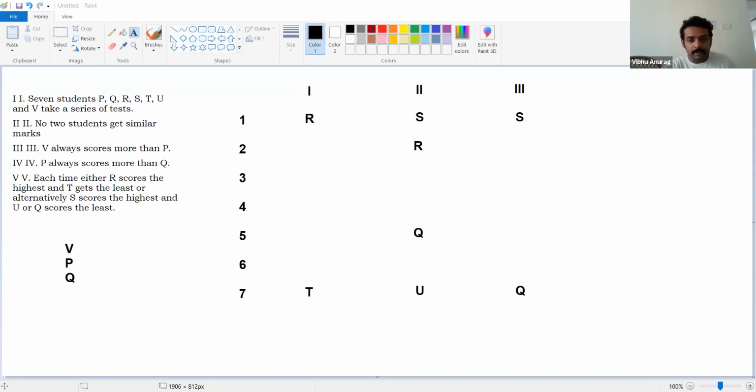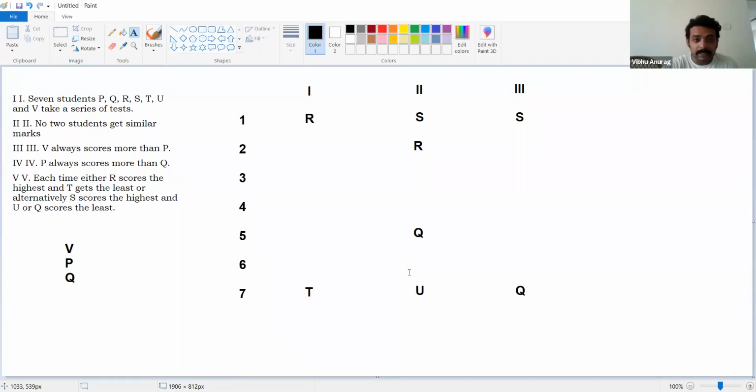B, P is ranked 3rd. Is it possible for P to be ranked 3rd? No, because then where will I put V? So B is also wrong. C, V is ranked 4th. Can V be ranked 4th? Actually, V cannot be ranked 4th because Q is 5th, right? So if V is 4th, then where do I put P? P has to come between them. And D, T is ranked 6th.